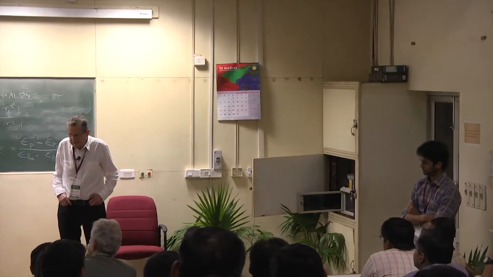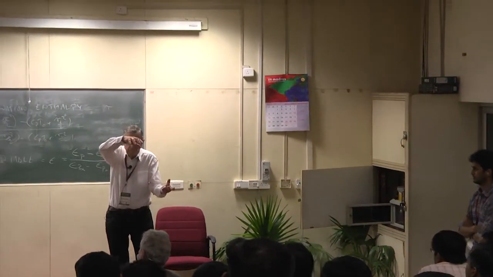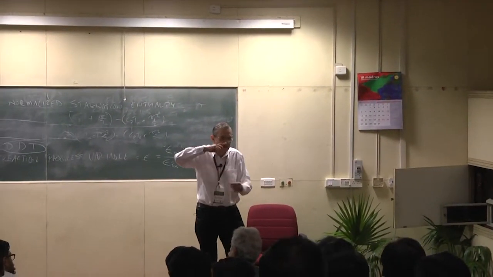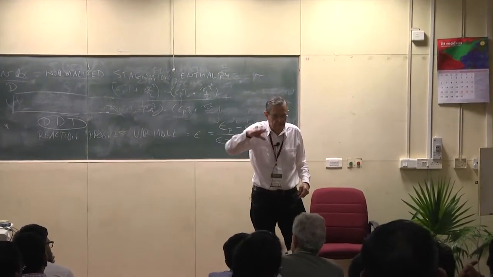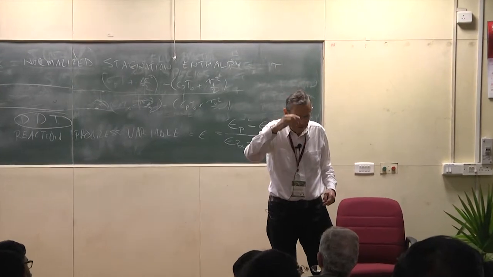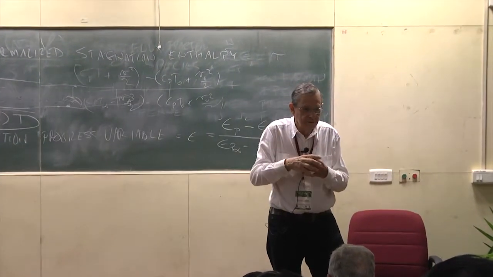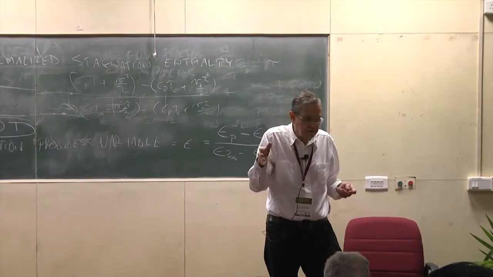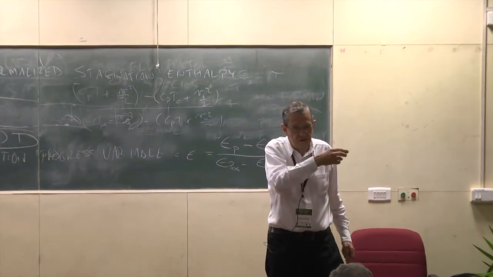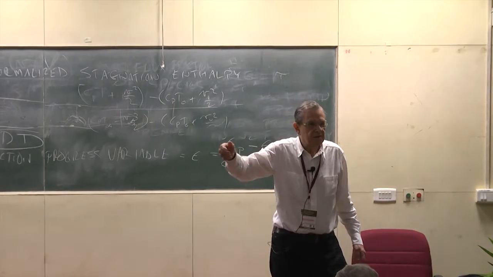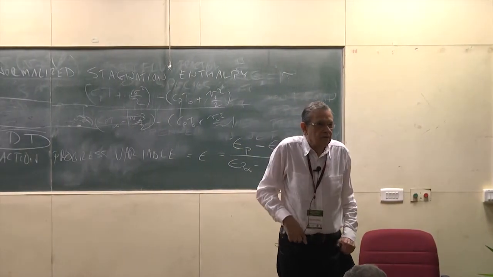Sometimes in complex geometries, for example, or in chambers with baffles, detonations can propagate at velocities that are less than the Chapman-Jouguet velocities.